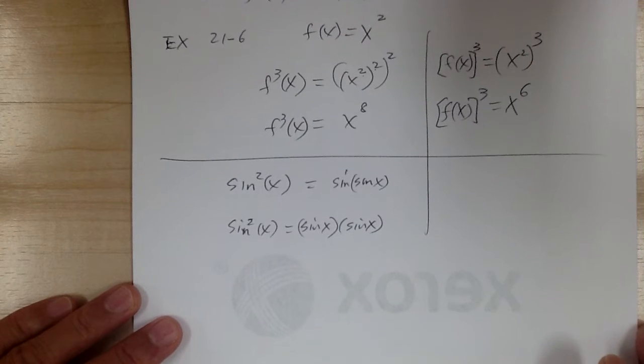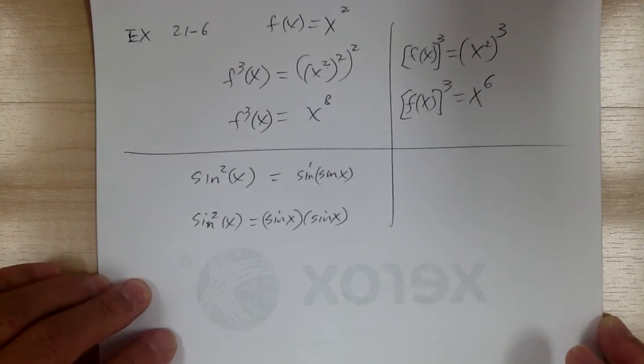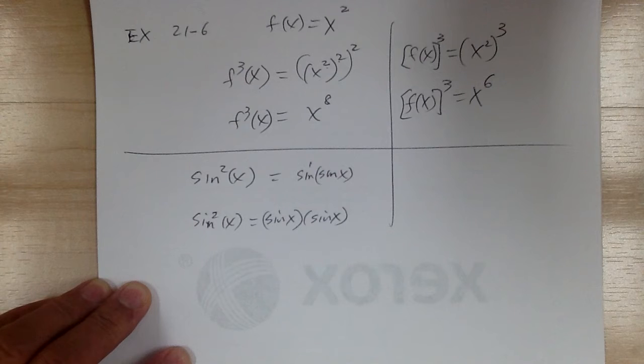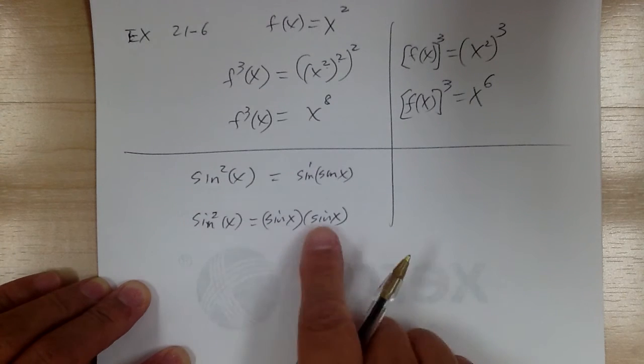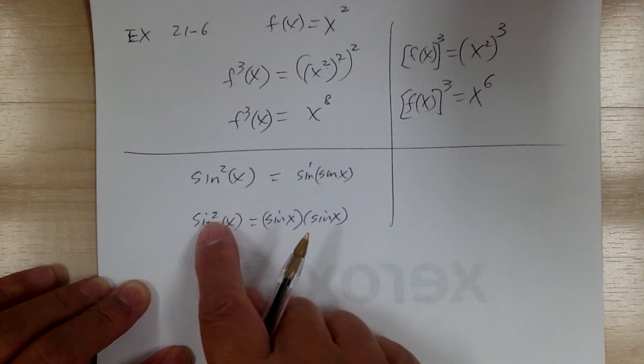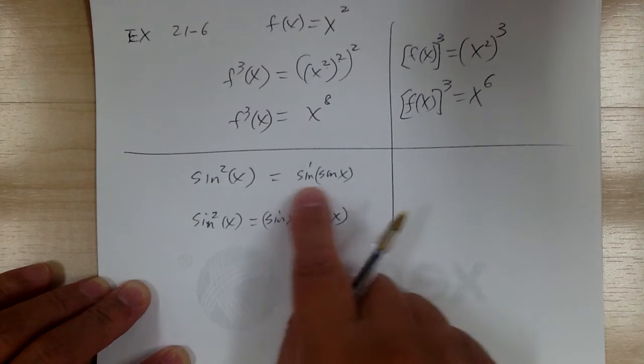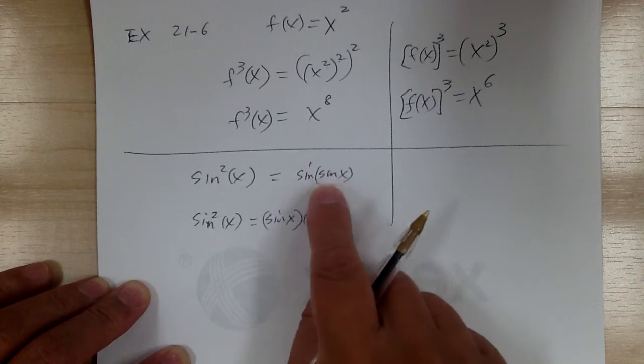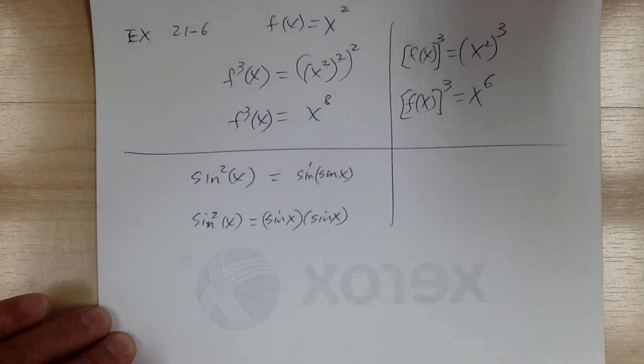And the reason is that mathematicians are usually kind of lazy. They want to do a shortcut, and since this shows up so often, they just use this notation for these instead of this, because this probably never shows up. You probably never come across these. So just be aware of that.